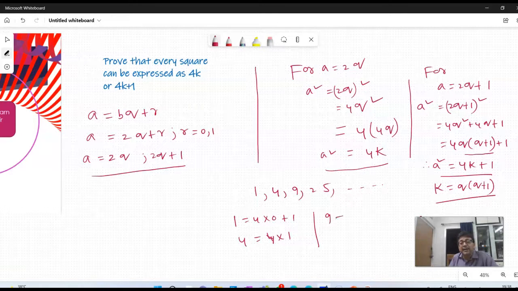What about 9? This we can write as 4 into 2 plus 1. This is of the form 4k plus 1. What about 25? This we can write as 4 into 6 plus 1. So this is of the form 4k plus 1. This way, if you express all perfect squares, they can be expressed in either the form 4k or 4k plus 1.